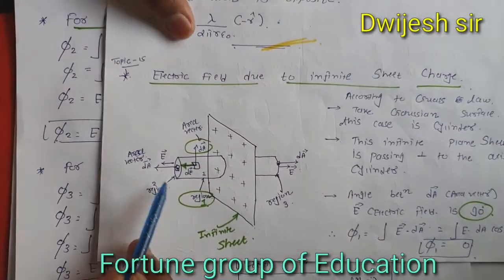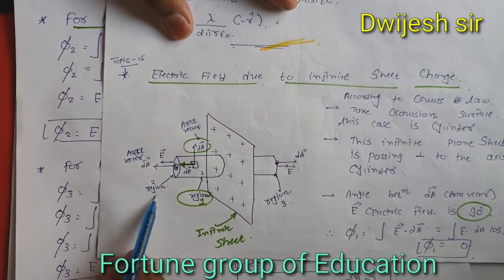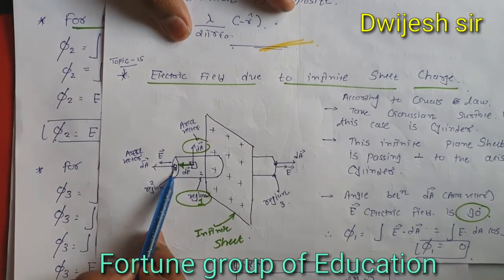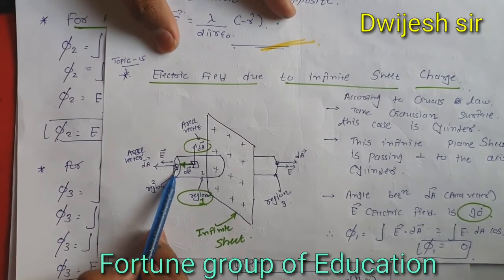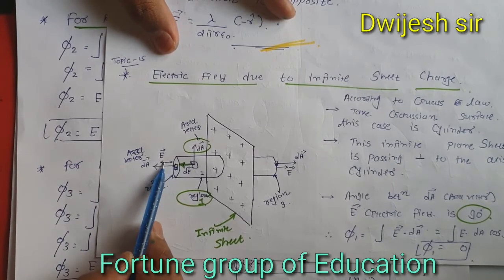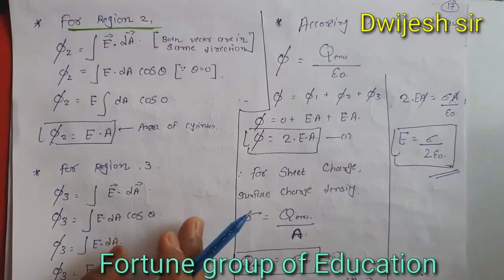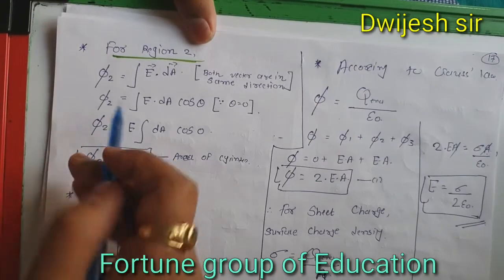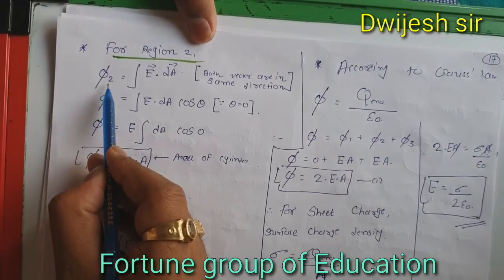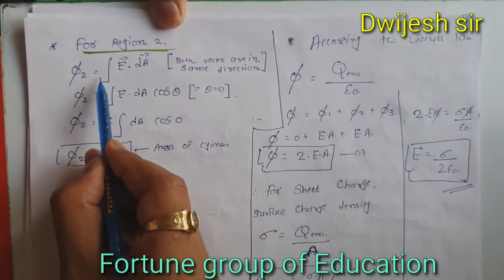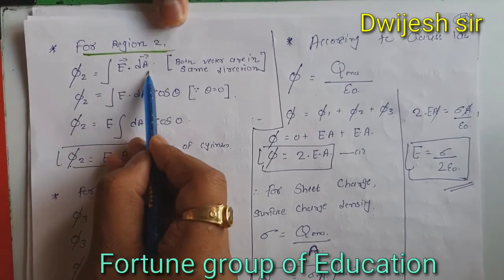Now in the figure we can say that this is a surface of region 2, and here we have to consider a small element of the surface area. This is the area vector and this is the electric field. Now for this area vector we have to find the flux. Phi2 equals the closed integral of E dot dA.